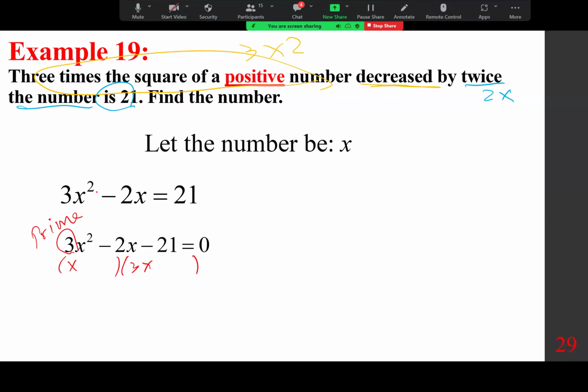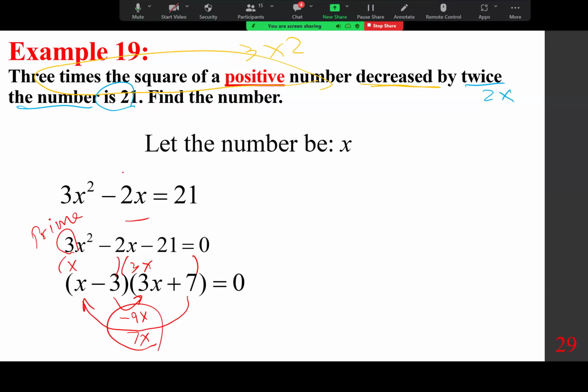Now you want two numbers, the product is negative 21. It's 1 and 21, 3 and 7, one of them negative. You have to put them somewhere so the middle term works. When you put them in this fashion, see this negative 9x, this positive 7x. When you add them up, you must get the negative 2x, and you do.